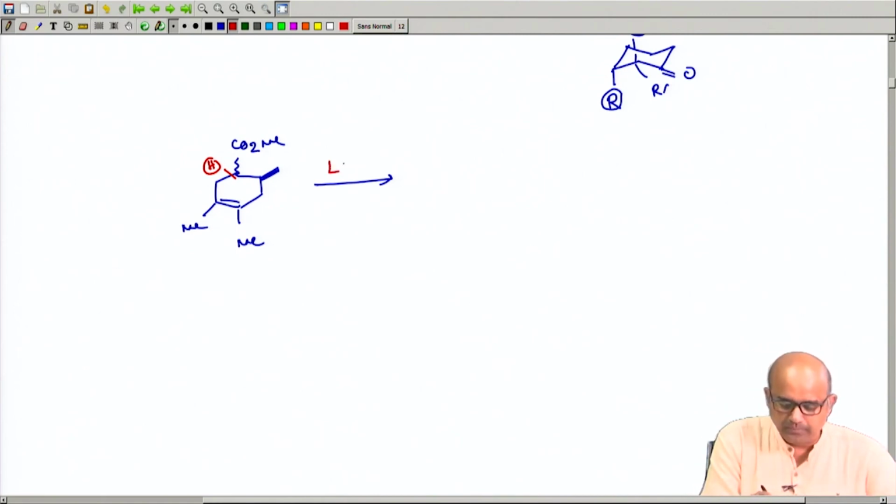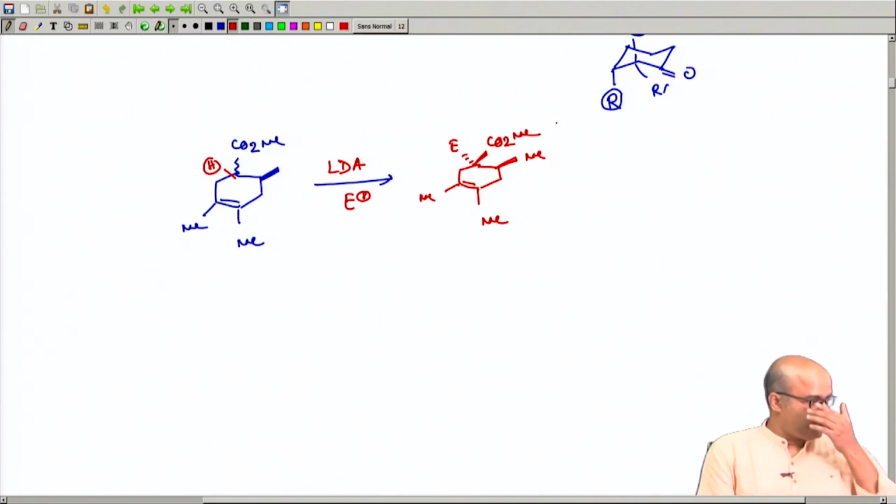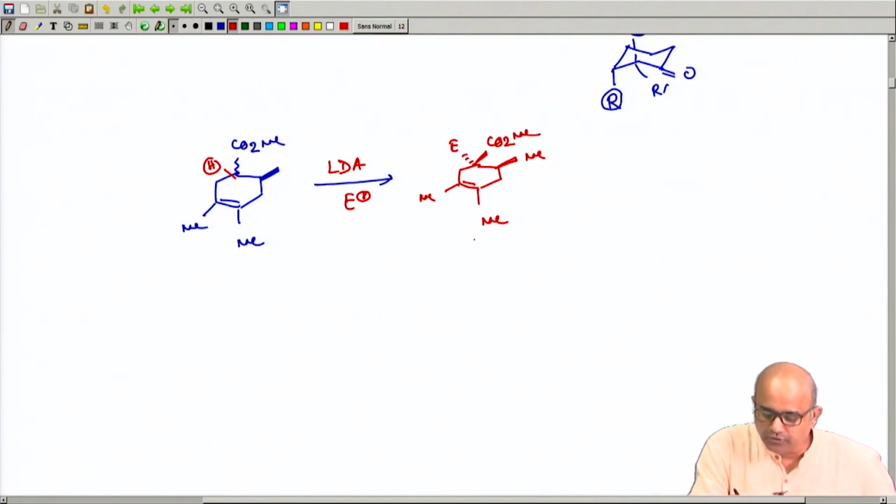So, now you treat it with LDA, and let us say you treat with an electrophile. So, what product will you be expecting as the major one? It is very simple. The existing stereo center is beta. So, the electrophile will be alpha, just opposite to the existing stereo center. So, you will eventually end up with this one as the major product.